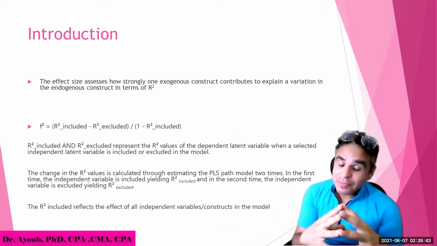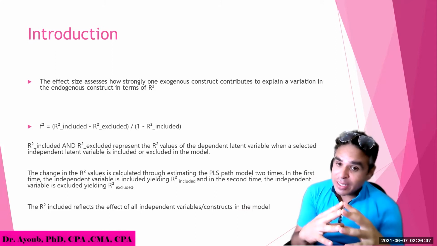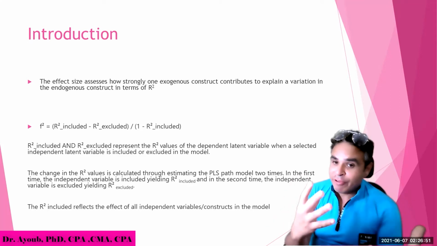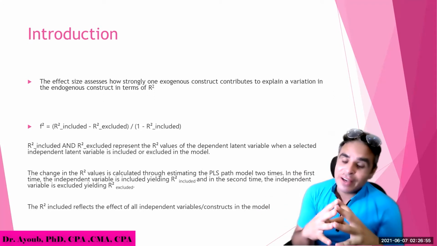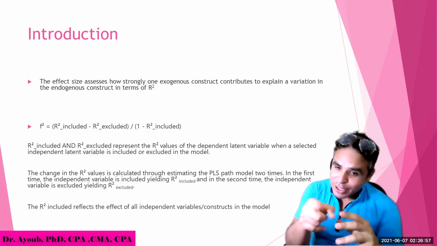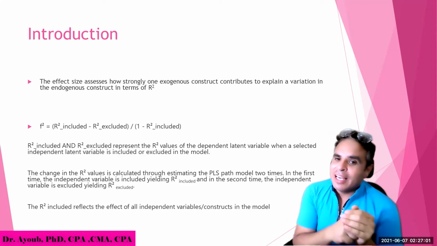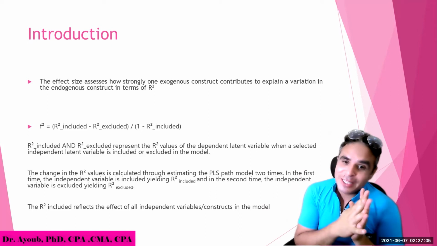Then the same for perceived ease of use: remove it, undo, and see the change. So we check all the variables that are pointing to a specific dependent variable in this case.